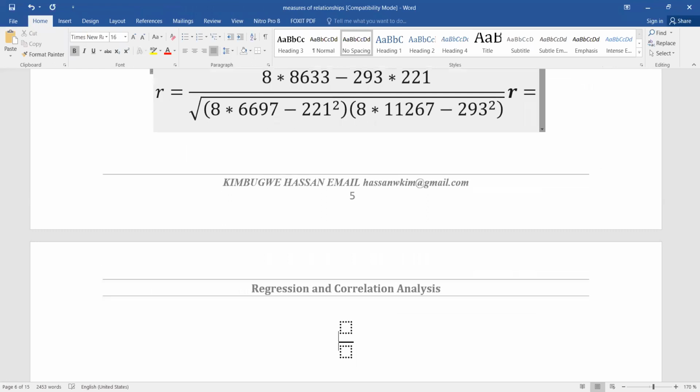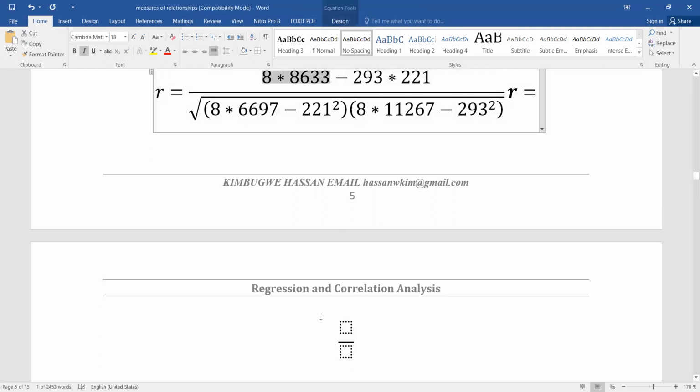Enter that. So what are we getting? 8 times 8633. What do we get when we multiply this? Quickly, quickly, quickly. Alex, you just have to type.